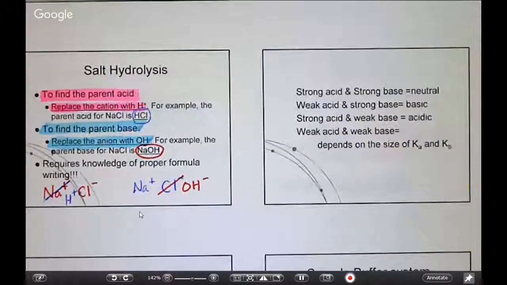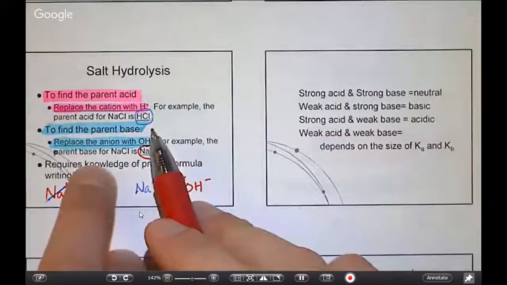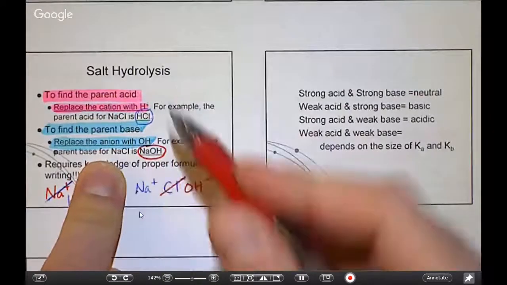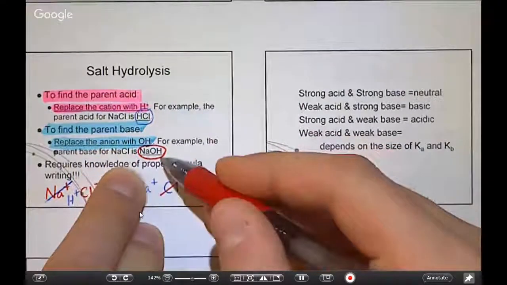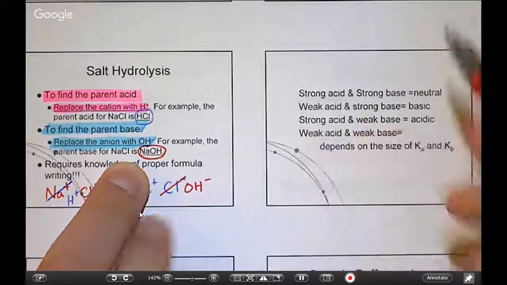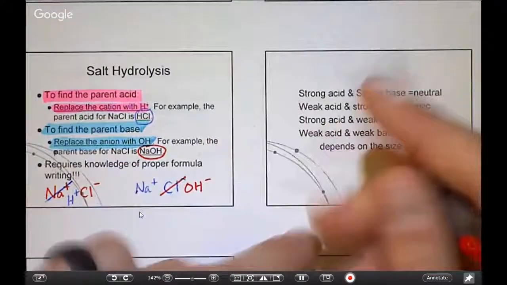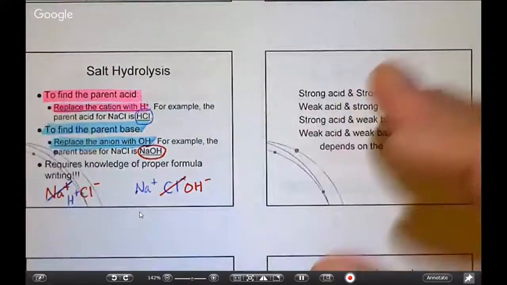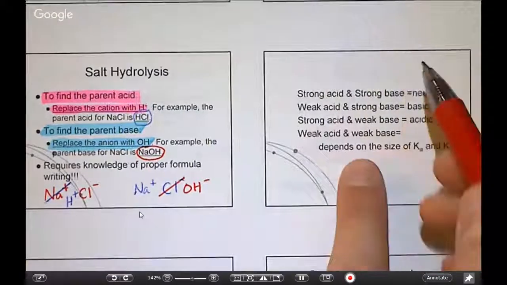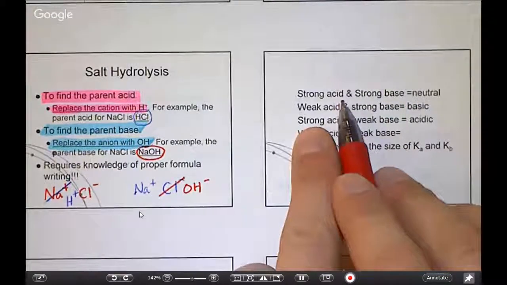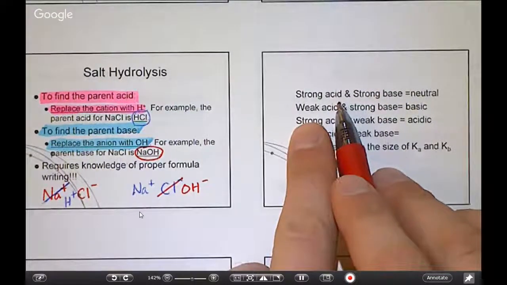So for salt hydrolysis, like we just figured out, the parent acid for sodium chloride is HCl, and the parent base is sodium hydroxide. So how do we know whether the salt is acidic, basic, or neutral? Well, we need to identify whether our parent acids and bases are strong or weak.